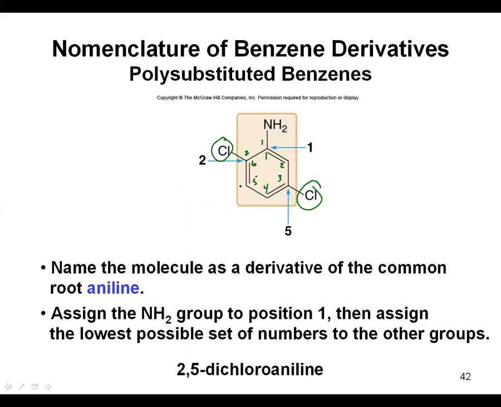Going left to right gives us 1, 2, and 5, which would technically be the groups. Going the other way gives us 1, 3, and 6, which is a larger number. So that's why in this case we would go this way, giving us the smaller numbers. And that gives us a chlorine at carbon 2 and 5. And we don't need to worry about the NH2 group here because that is wrapped up in the aniline name. The aniline implies that there's an NH2 group attached.